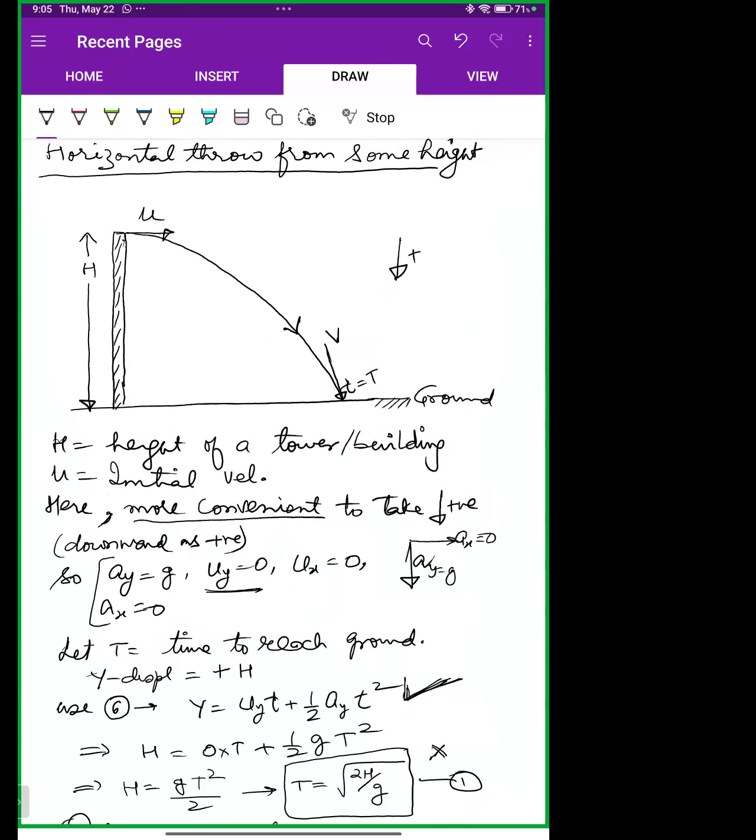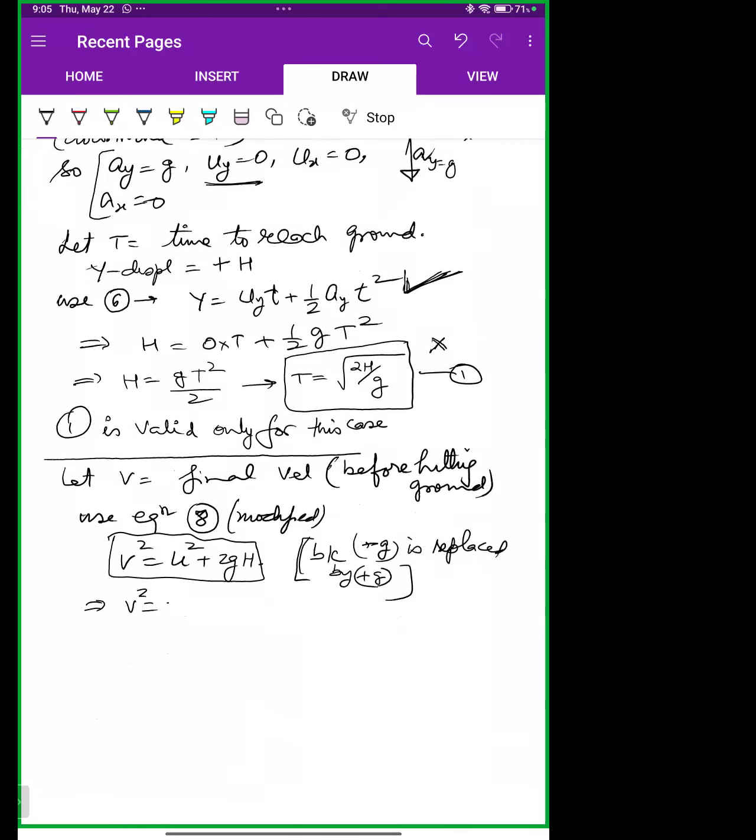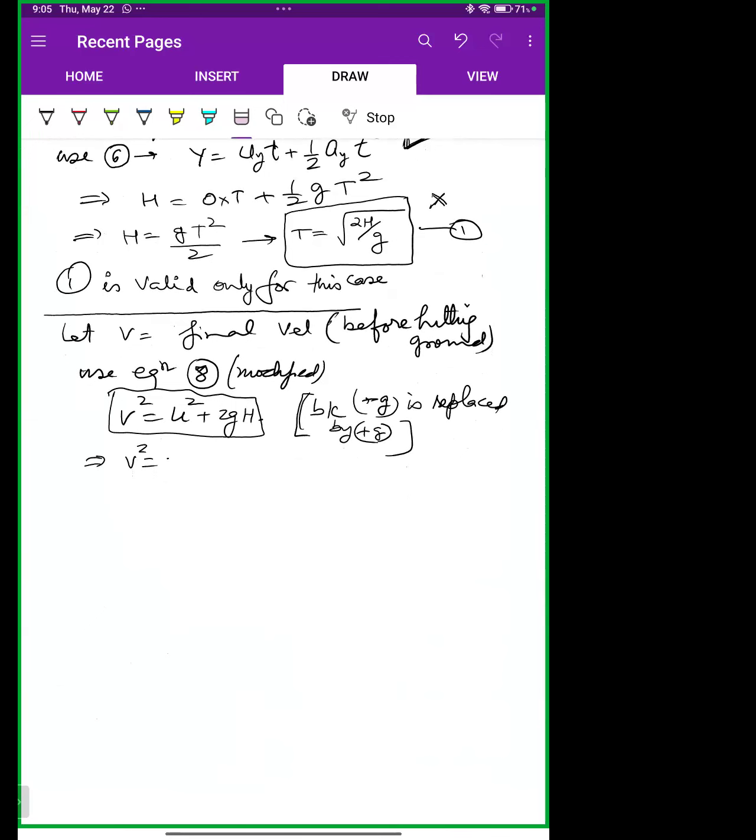Can we find theta? V final makes angle theta with respect to horizontal. Then Vy is equal to Uy plus gt.